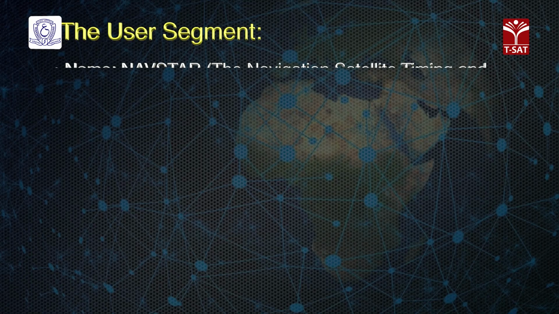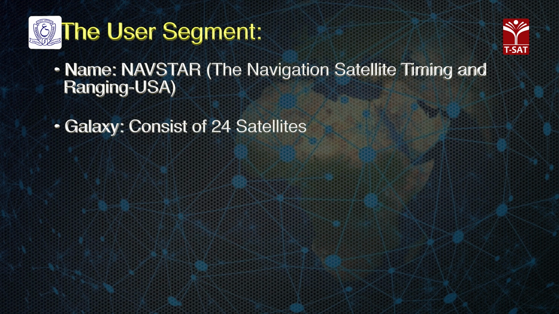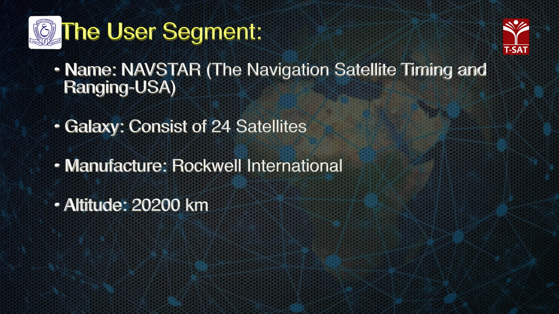Satellite segment characteristics include the name, the navigation satellite timing and ranging, NAVSTAR. The constellation consists of 24 satellites. The manufacturer is Rockwell International. The altitude of the satellites is 20,200 km and the weight of each satellite is 845 kg.